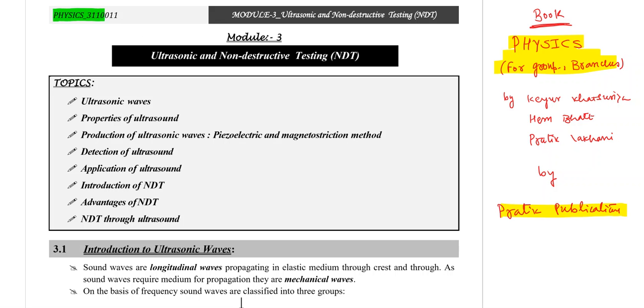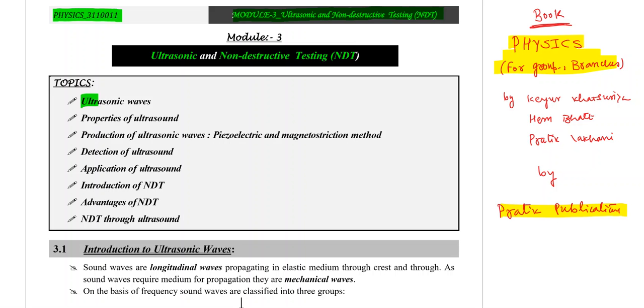So this is our subject code 3110011, in which we're discussing module 3, ultrasonic and non-destructive testing, which is known as NDT. So it has two parts. First part is ultrasonic and second part is non-destructive testing, NDT. These are the topics of our syllabus.